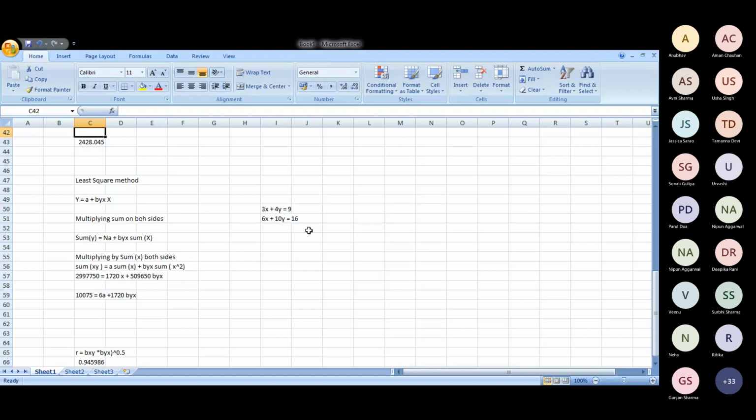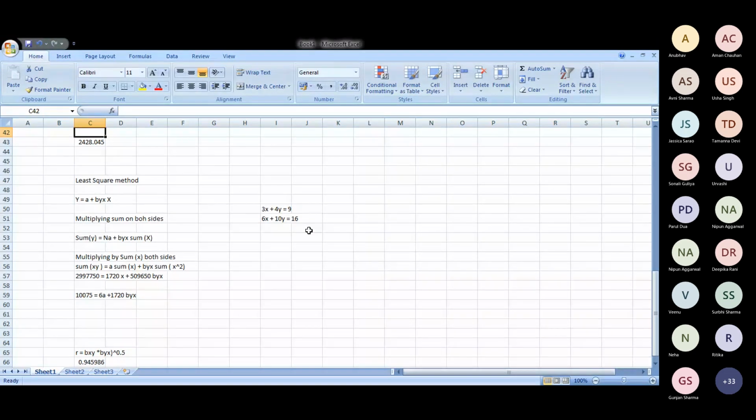So that's why the condition is either the two regression coefficients must be positive or must be negative, because negative into negative is also positive, positive into positive is also positive. So either they have to be of the same sign. If one regression coefficient comes out to be positive and the other is negative, that means we have done something wrong. So there is something wrong in the calculation, that one is showing positive and one coefficient is showing negative. So it is not possible.